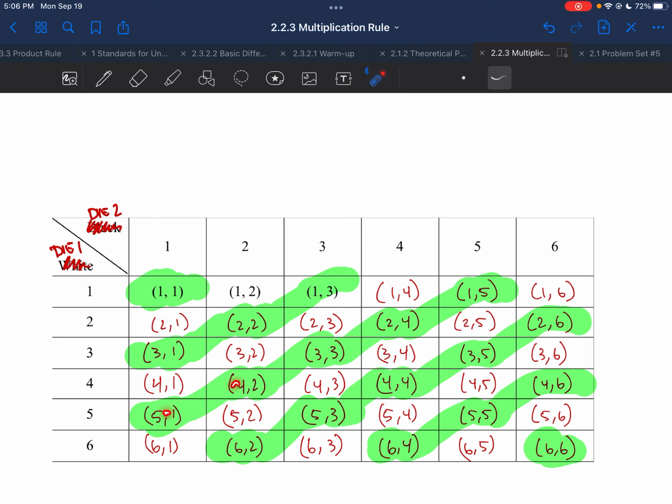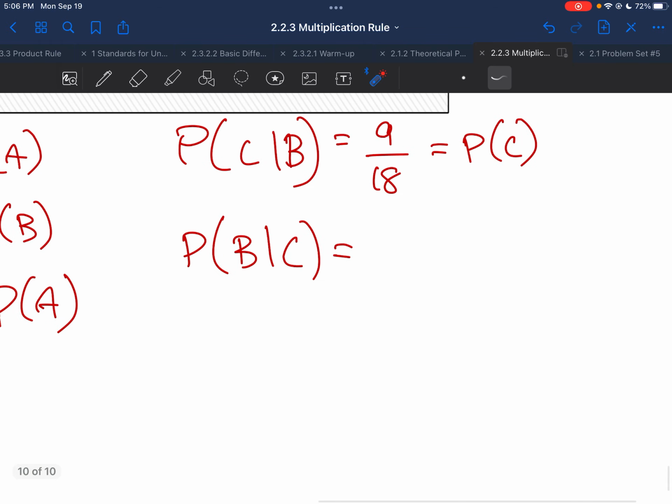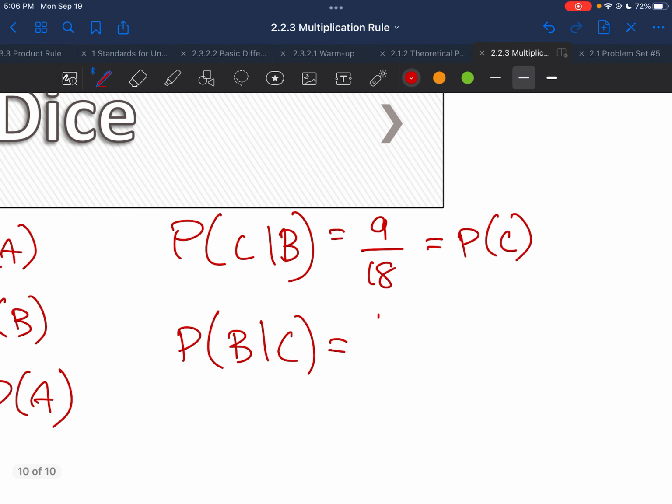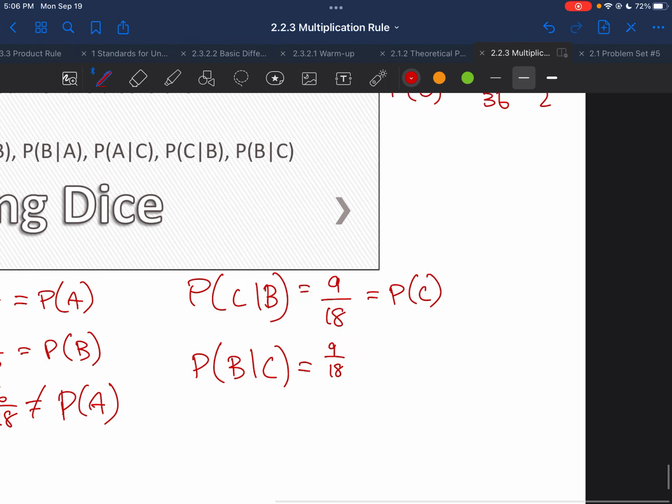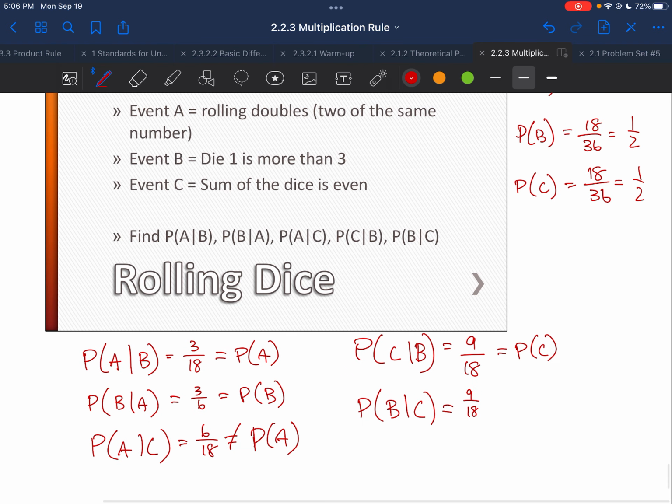There are 1, 2, 3, 4, 5, 6, 7, 8, 9 out of the 18 total, so this is 9 out of 18. The probability of B was also 1/2, so these are independent events. The only dependent pair here ended up being this one: the probability that we roll doubles given that the sum of the dice is even.